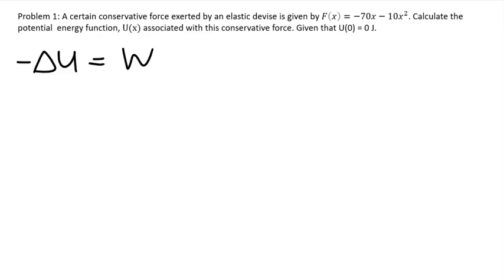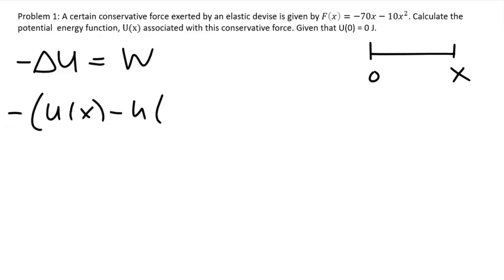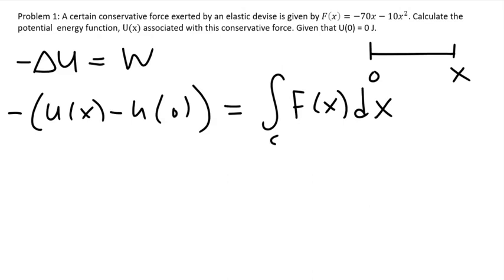Using the fact that minus the change in potential energy is work, if we take the change in potential energy between, let's say, 0 and some arbitrary point x, the left-hand side simply becomes minus U(x) minus U evaluated at 0 equals work, which is just the integral of F(x) dx from 0 to x.